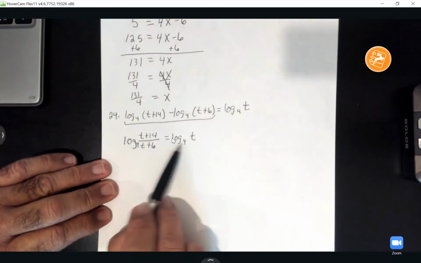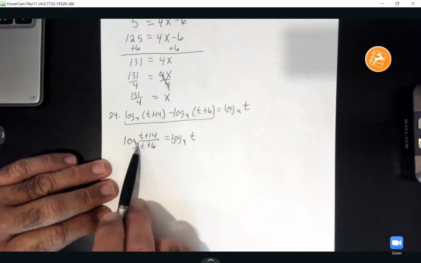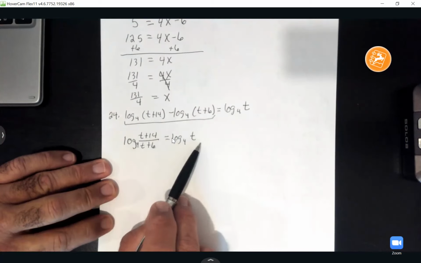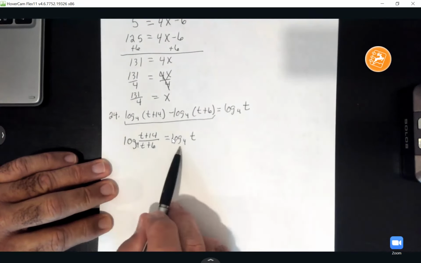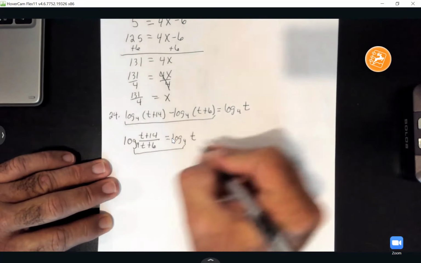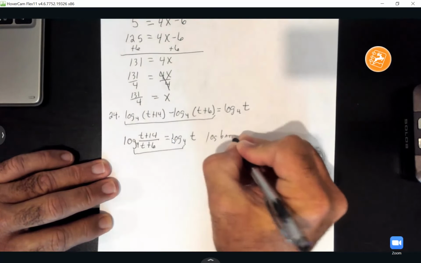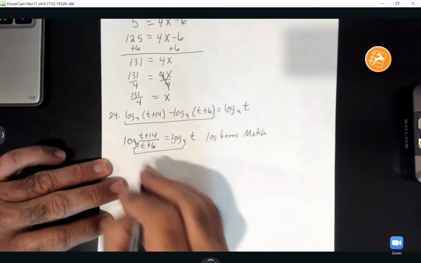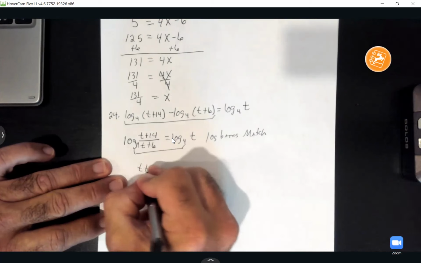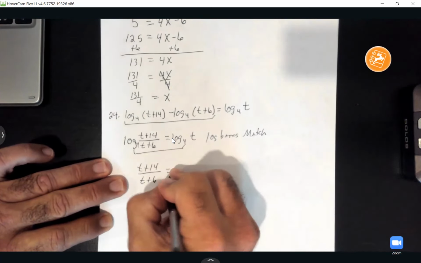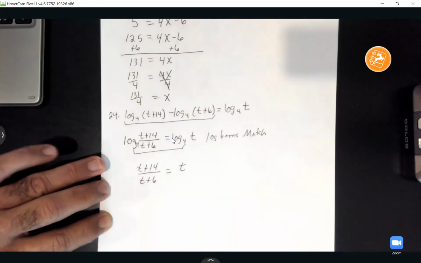So anytime you got 2 logs, one on each side like this, log 4 of this equals a log 4 of the t. Since the log bases match, that means that the t plus 14 over t plus 6 equals that t.